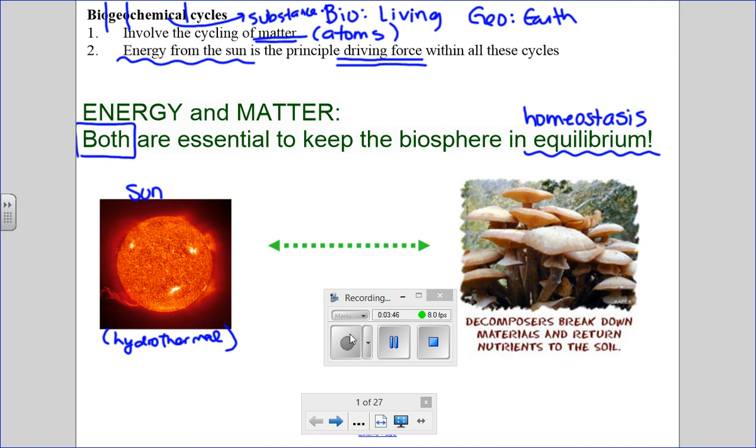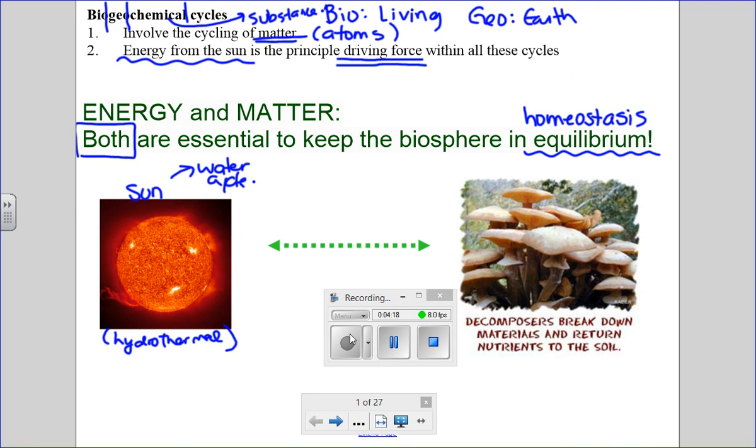And so what we're trying to say is we need energy from the sun because without energy, matter would not cycle. For example, think about the water cycle and how water has to constantly evaporate. If there was no heat from the sun heating up our planet, there's no way that would happen.